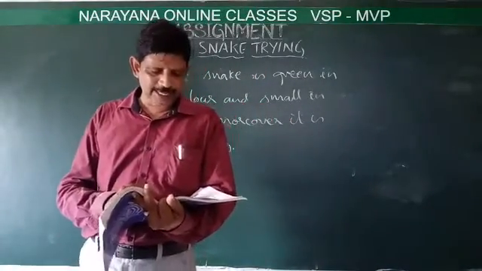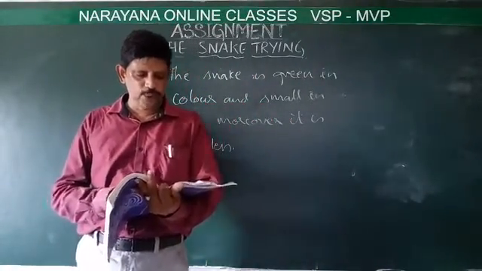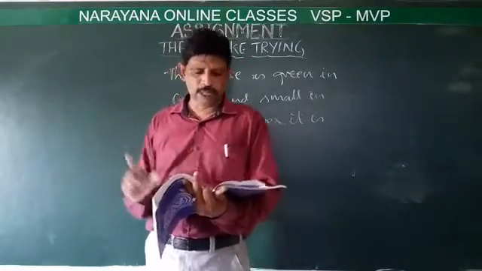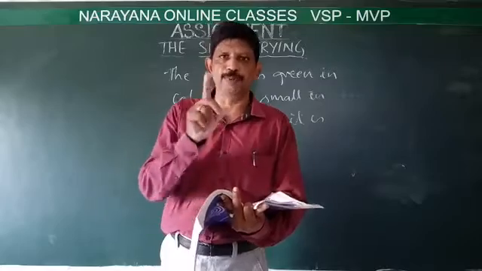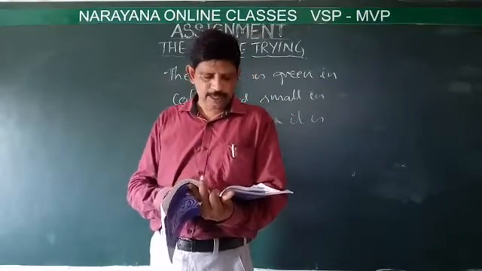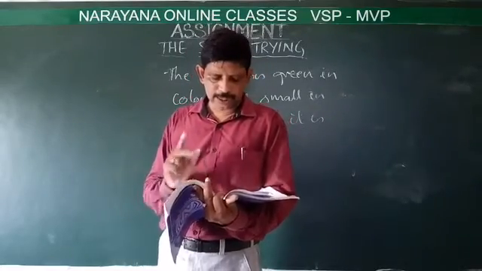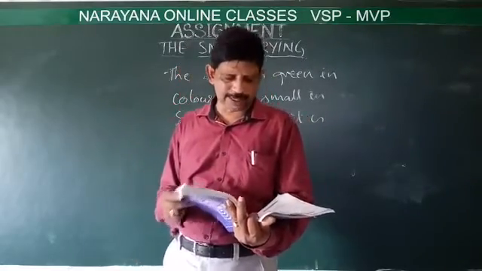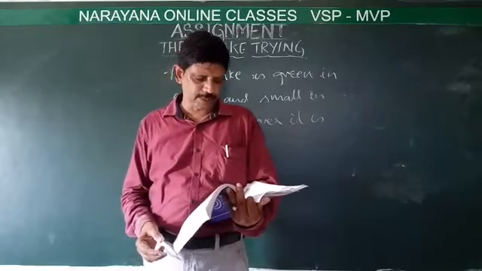The poet finds the snake beautiful. Find the words he uses to convey its beauty. The poet uses the words beautiful and graceful. You can see beautiful, graceful, to describe the shapes of the snake. He uses the words small and green to describe the snake's size and color respectively.